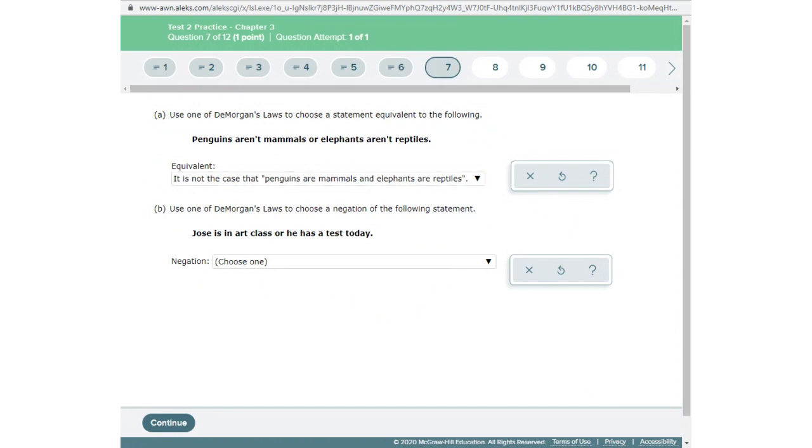And just to refresh your memory, I was trying to see if I can find one that writes it like we do, but I might just have to go back to the notes.